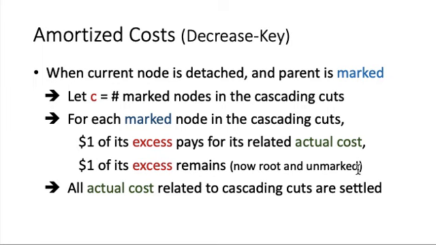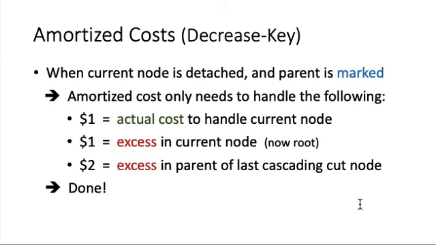So after this operation, all the cascading cuts are paid by the excess, and all actual costs related to cascading cuts are settled. What is not settled is the current node being detached. We need to pay $1 to handle the current node for this cut. This current node, after detachment, becomes a root, so we will store $1 as the excess.